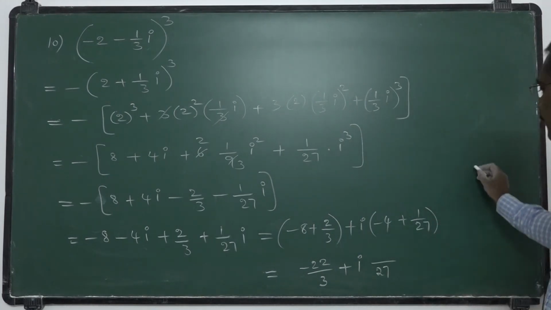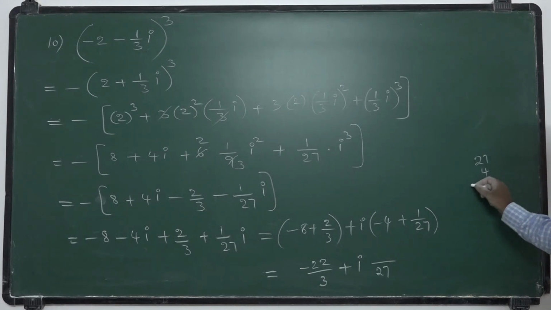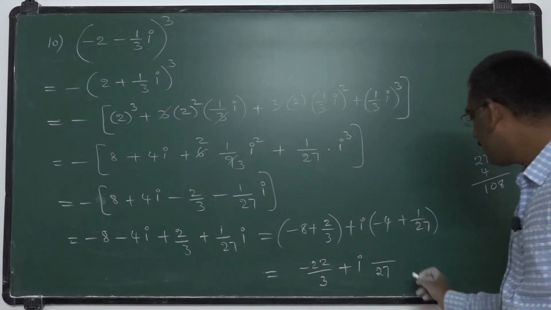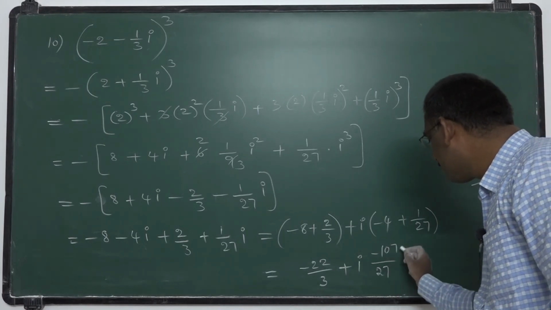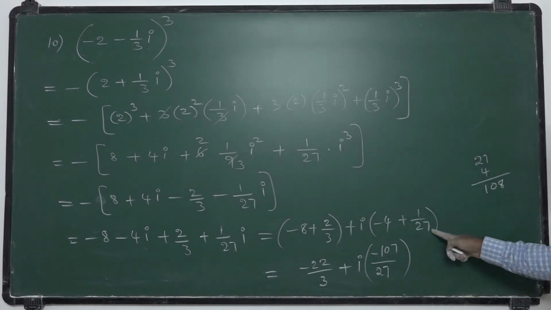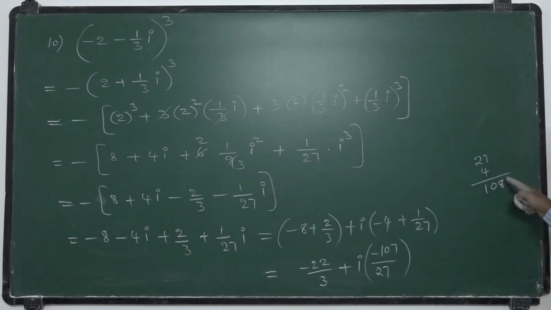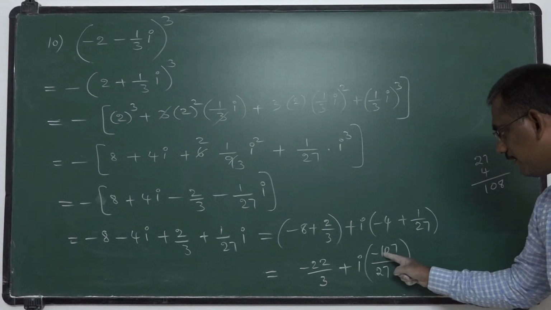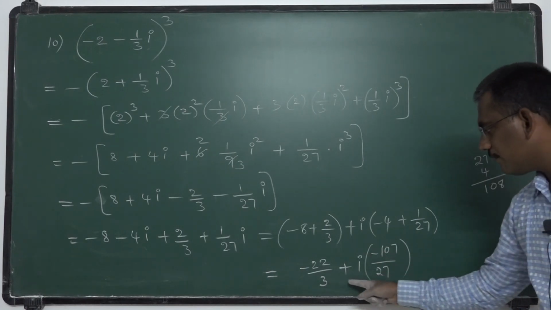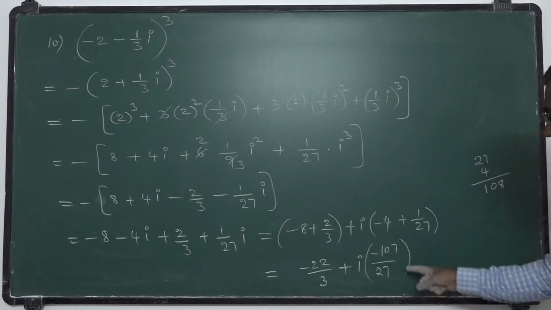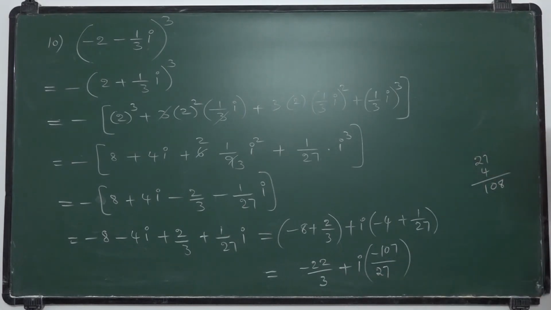So 27 times 4 is 108, so minus 108 plus 1 will be equal to minus 107. So this is in the form of A plus iB, where A is minus 22 by 3 and B is minus 107 by 27.